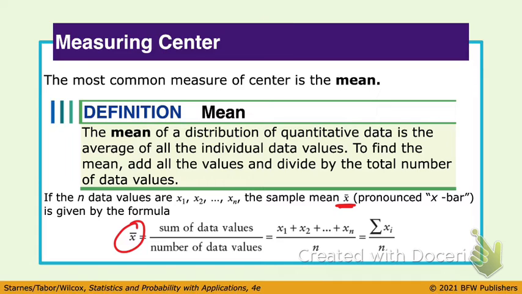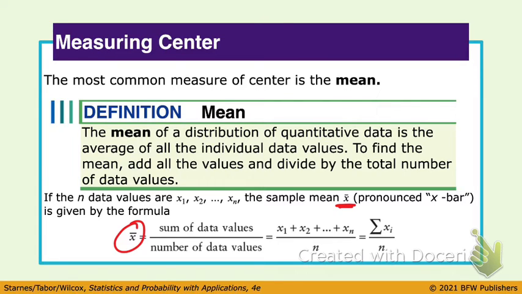This is the mathematical notation for what you're doing. You're taking the first x, or the first variable, plus the second variable, plus the third variable, all the way up to however many variables you have, and you're dividing by that n, that sample size. And if I squish that down even further, then I can use this symbol.